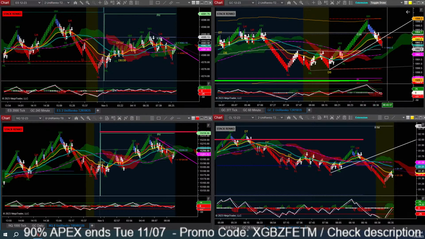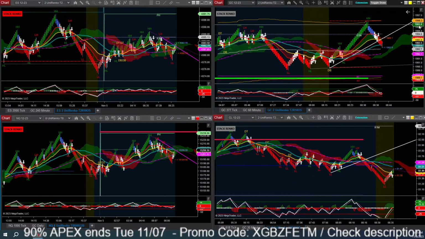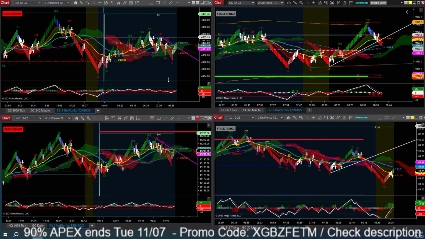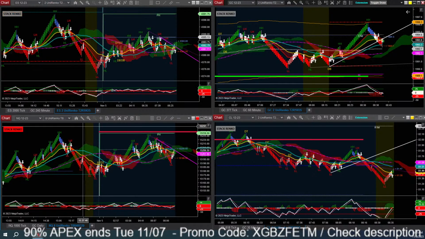Move below that diagonal. No reason to buy. No reason to buy. NQ, I'm not trading NQ, so that bar is a little bit large. Moving away from the 50. Momentum is negative.